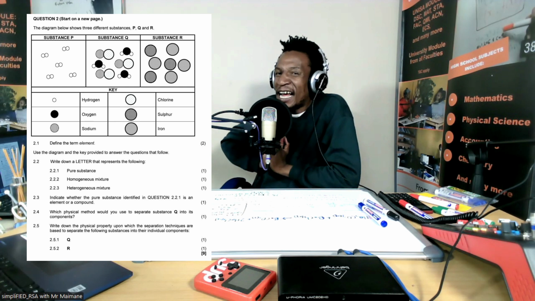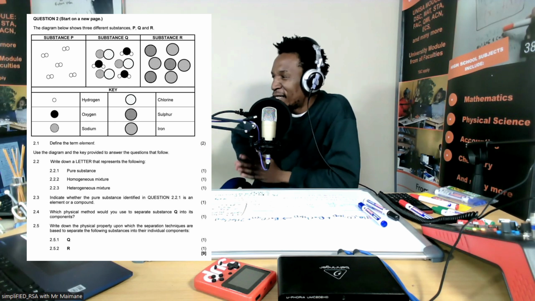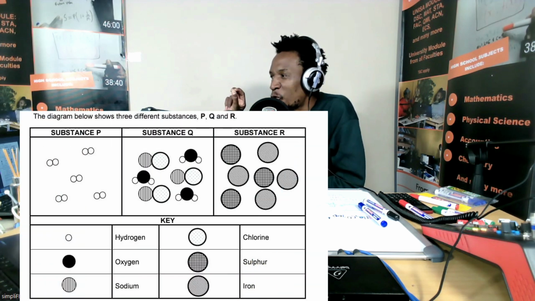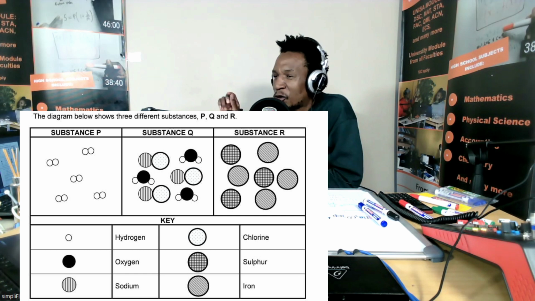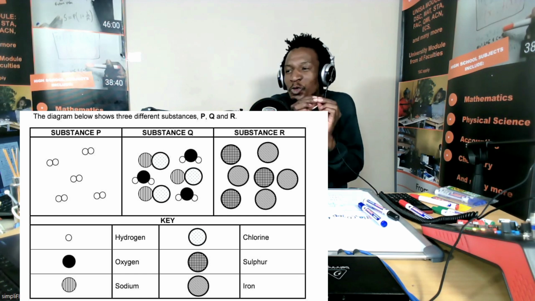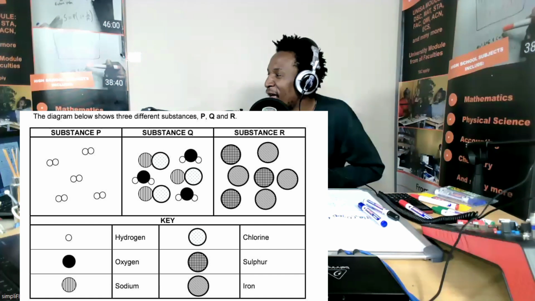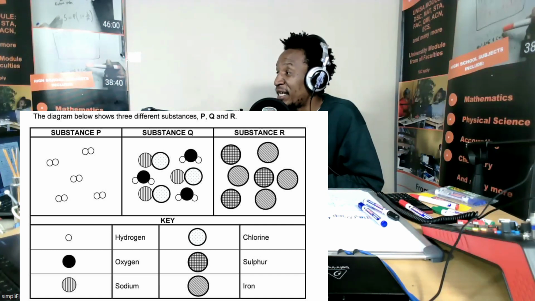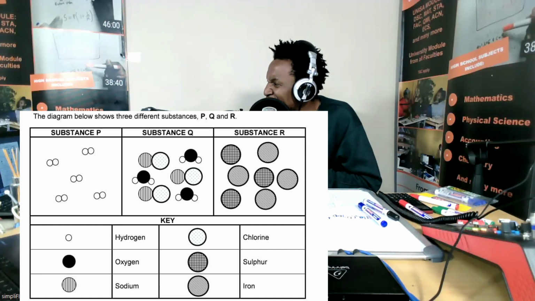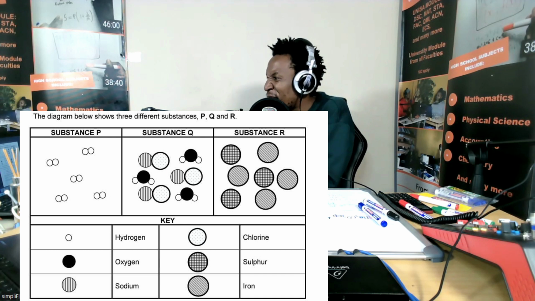Now, let's analyze our diagram before we answer the questions. The first substance, substance P, is only 2 circles that show hydrogen. So it's a combination of two tiny hydrogens. Then substance Q: we can see the sodium and chlorine combined together.